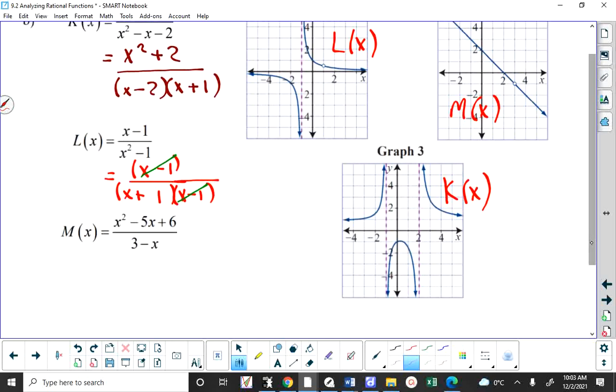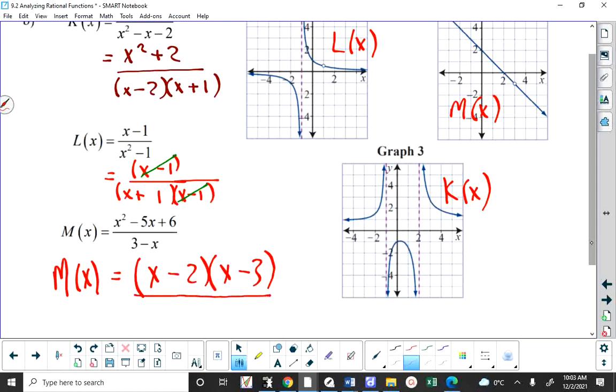When we factor this, it factors into x minus 2, x minus 3 on the top, and on the bottom, we have 3 minus x. This is such an important rule from 20-1, and we did it in trig and other areas.